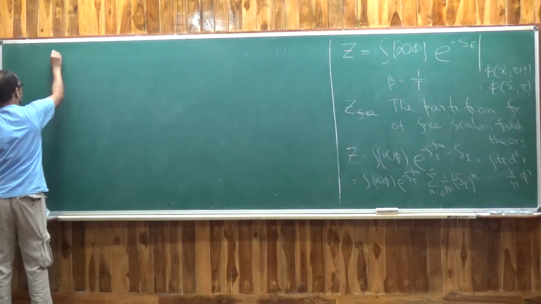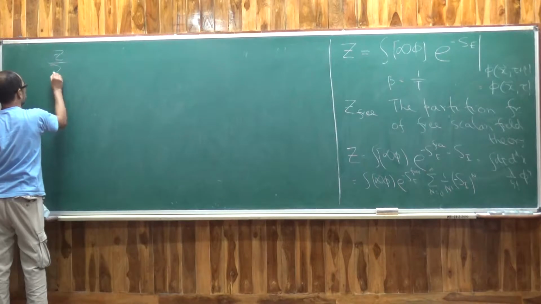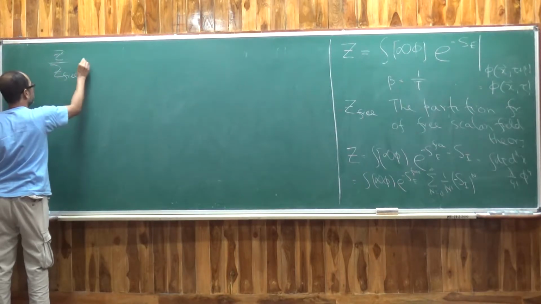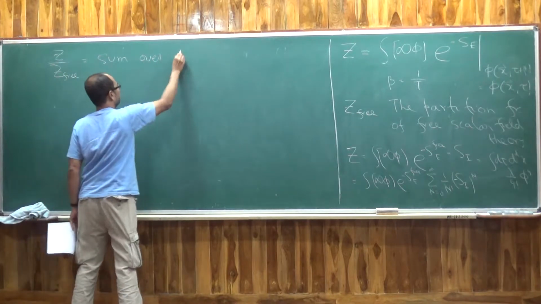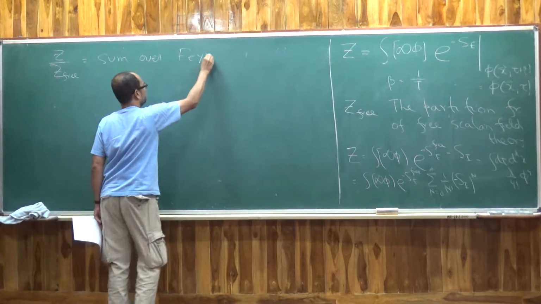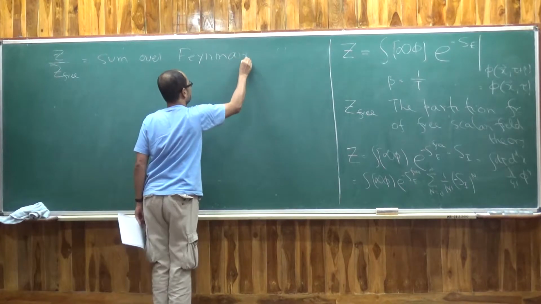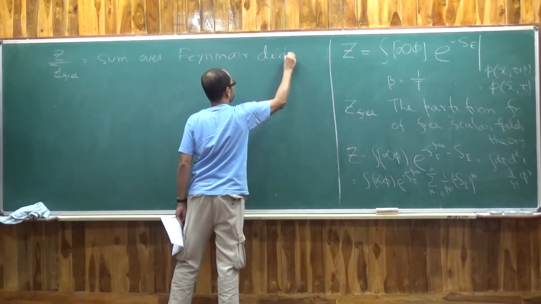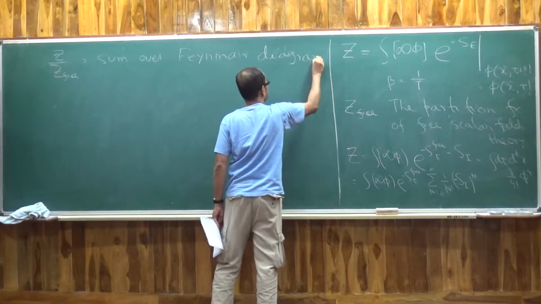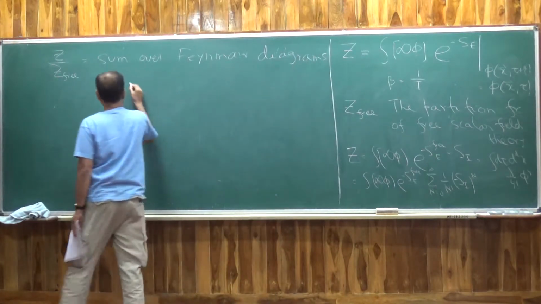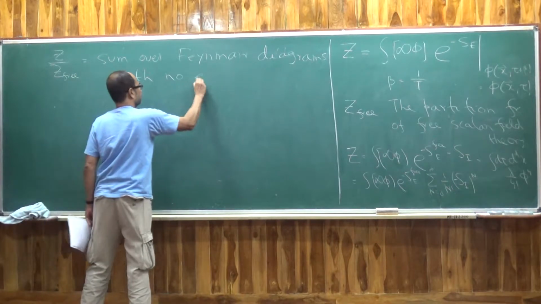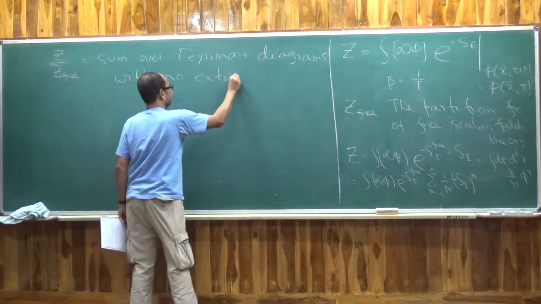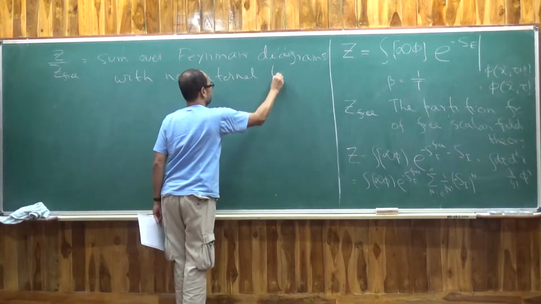So Z over Z_free is a sum over Feynman diagrams with no external legs.